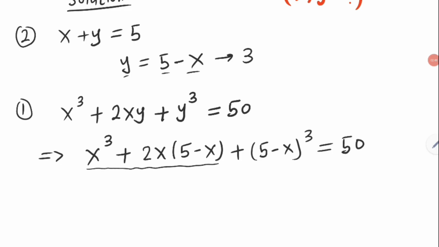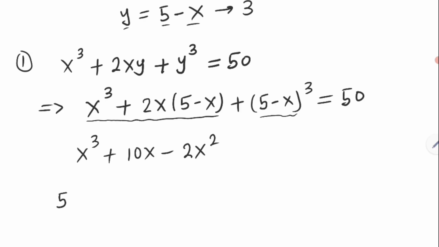This is the same thing as x raised to power 3 plus 2x multiplied by 5. This is 10x minus 2x multiplied by x, 2x square. Let us expand this.